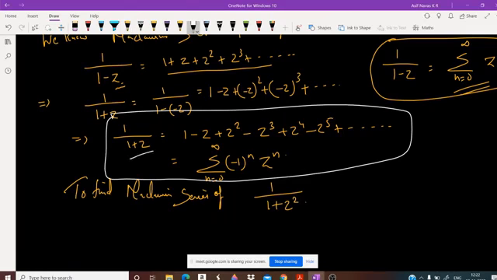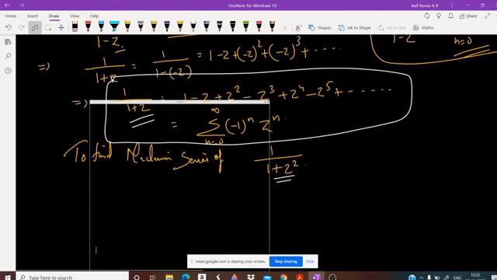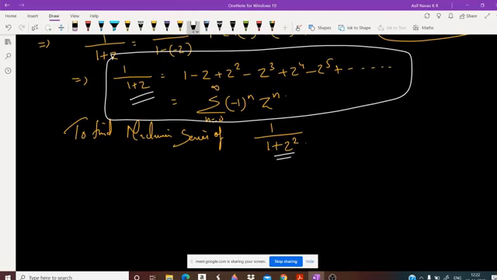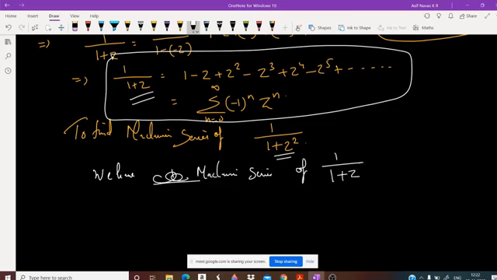Now we will use this series representation to find this. So we have the Maclaurin series of 1 by 1 plus z is equal to 1 minus z plus z square minus z cube plus z raised to 4 etc.